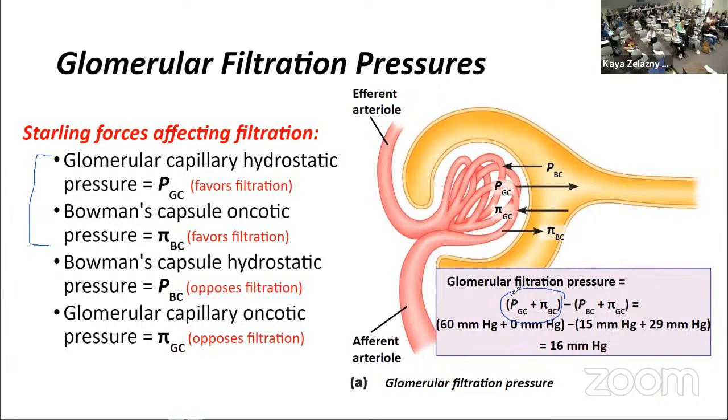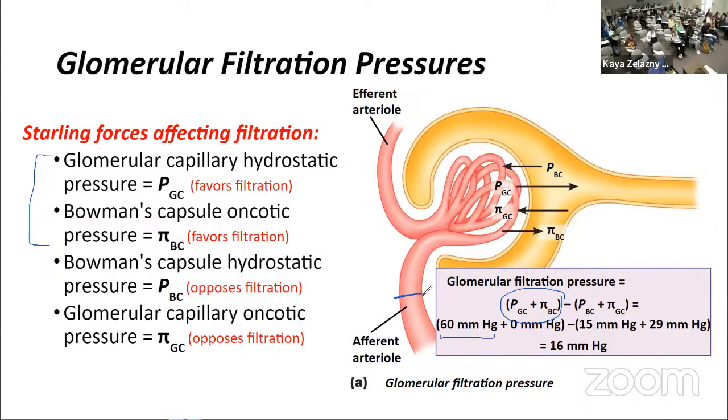What you're going to note is that we have a pretty high pressure when we're thinking about the glomerular capillary hydrostatic pressure. It's actually higher than our hydrostatic pressures when we're thinking about net filtration pressure in our normal capillaries. That's because our afferent arteriole is pretty wide.